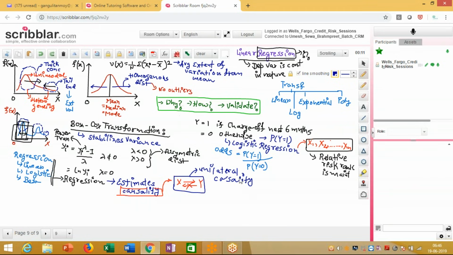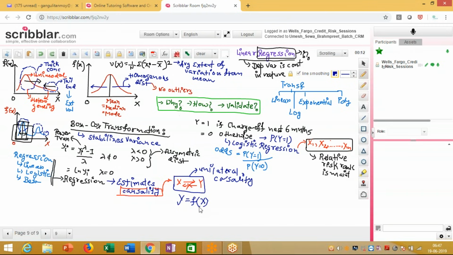I want to know whether X is impacting Y. This is written as Y equals f of X, that is, Y is a function of X, where X is an independent variable.